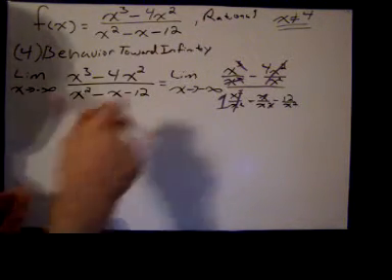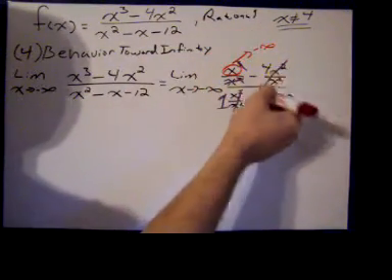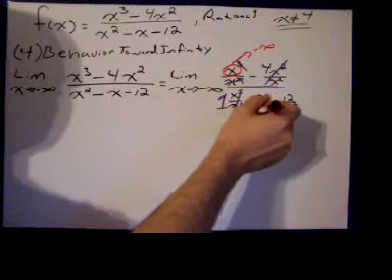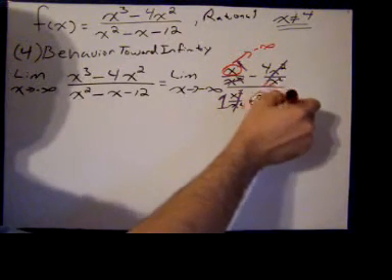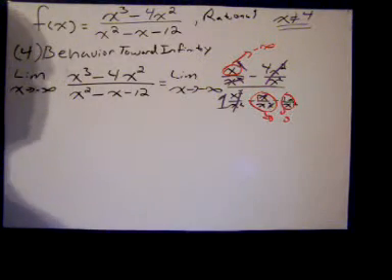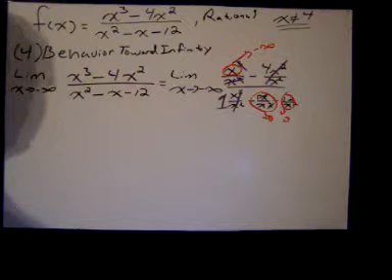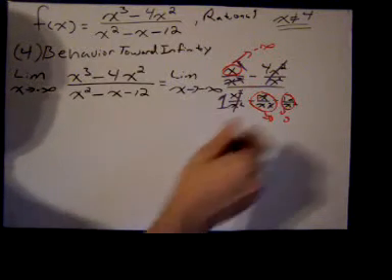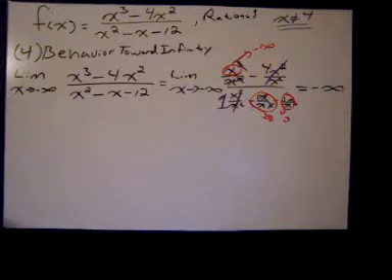As x goes to negative infinity, this x goes to negative infinity. The minus 4 goes to minus 4. 1 goes to 1. 1 over x goes to 0, and 12 over x squared goes to 0. So we have negative infinity minus 4 over 1, and that is equivalent to negative infinity.